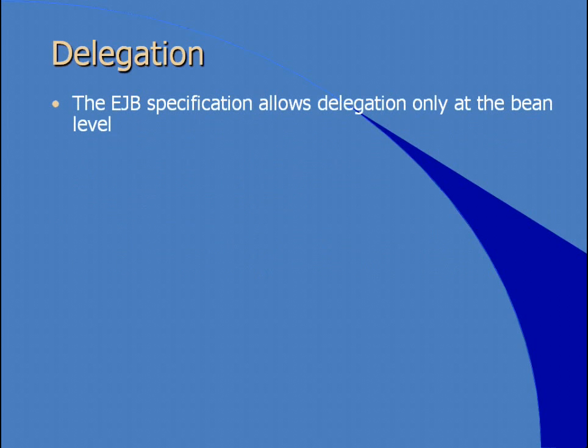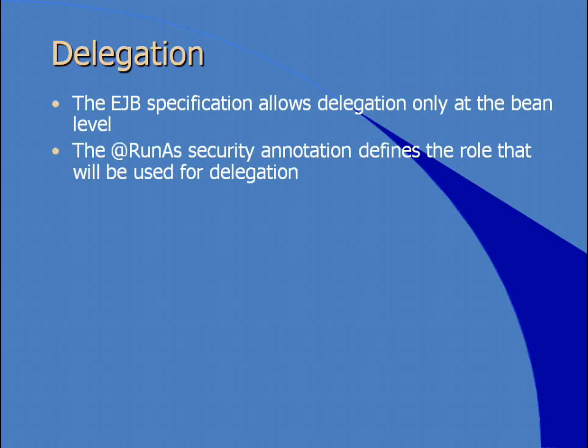The EJB specification allows delegation only at the bean level, not at the class level, as we saw with the application server or with the servlet. However, the EJB specification also uses the annotation @RunAs. It uses this security annotation to define the role that will be used for delegation.